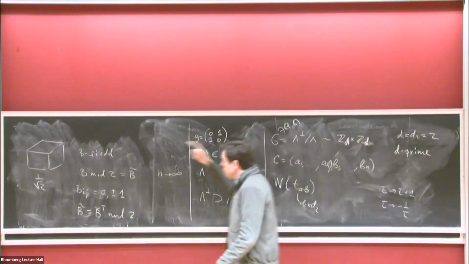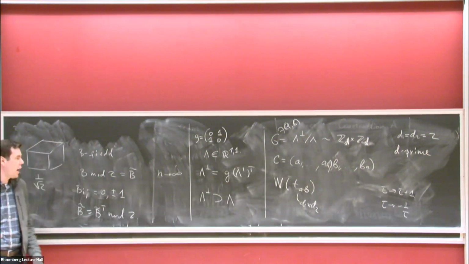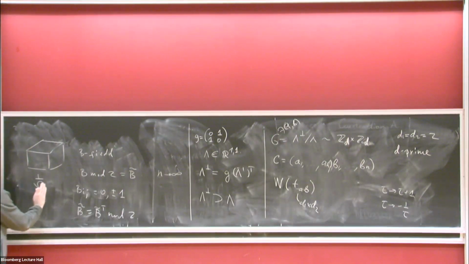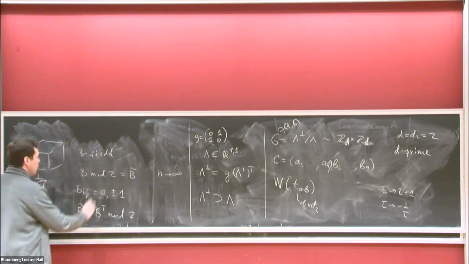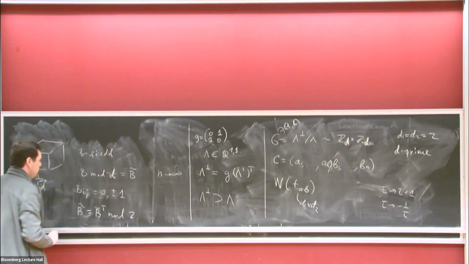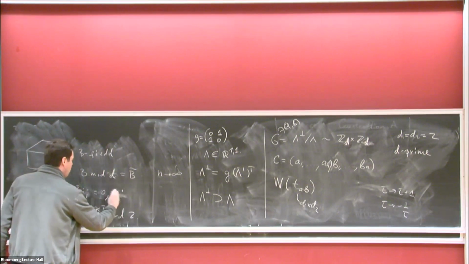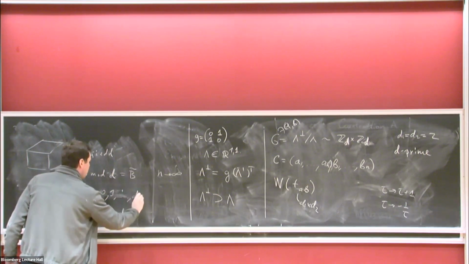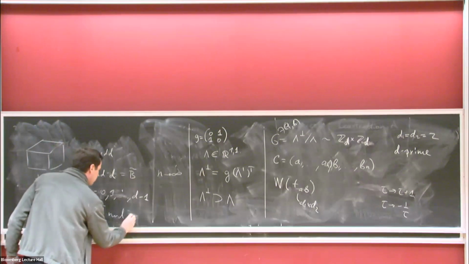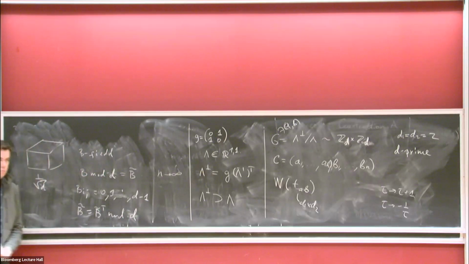In this language, I can consider this to be a cube of size 1 over the square root of D. If D is very, very large, it's a very, very small cube. Then my B field will be defined mod D, B_ij will be 0, 1, up to D minus 1, and it will be a symmetric matrix modulo D.